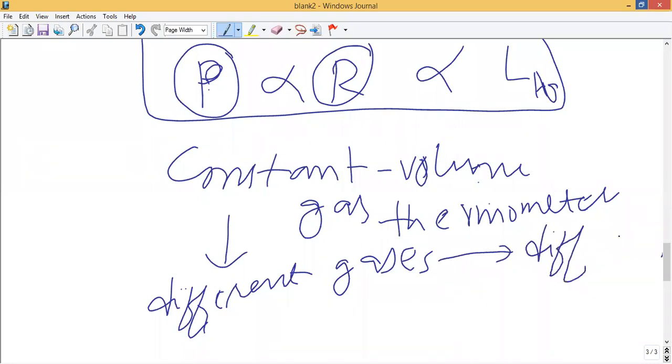If you put different gases, they will also give you different values.